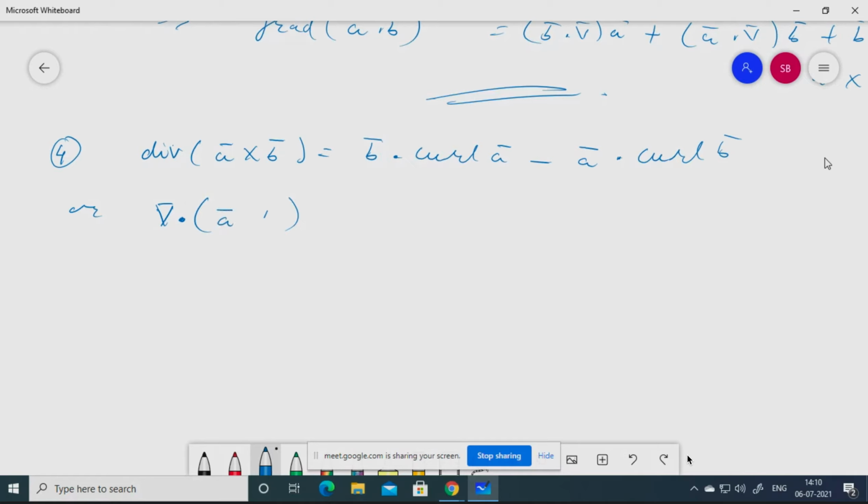A bar is a vector function, B bar is a vector function, the cross product is also a vector function. Here you need to prove del dot of A bar cross B bar equals B bar dot del cross A bar minus A bar dot del cross B bar. Prove it. Very simple one. Directly you take LHS and prove the RHS part. Will you be able to do it? Yes, ma'am. Okay. Do.